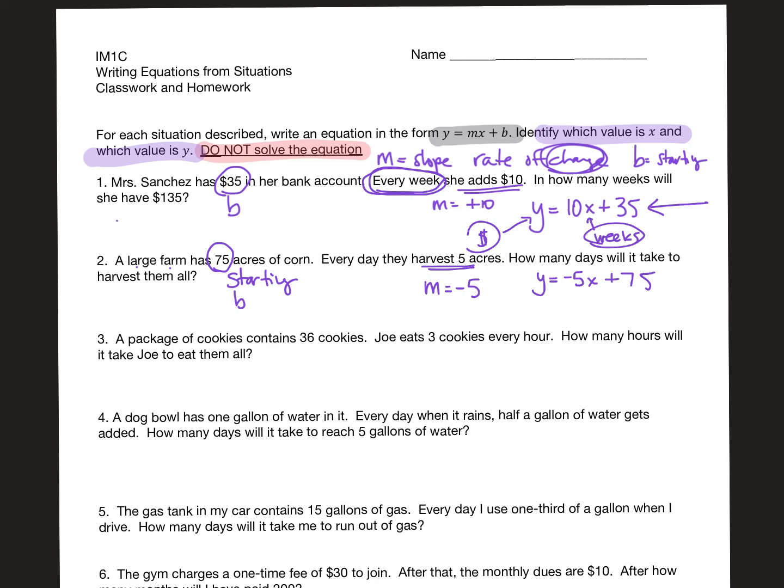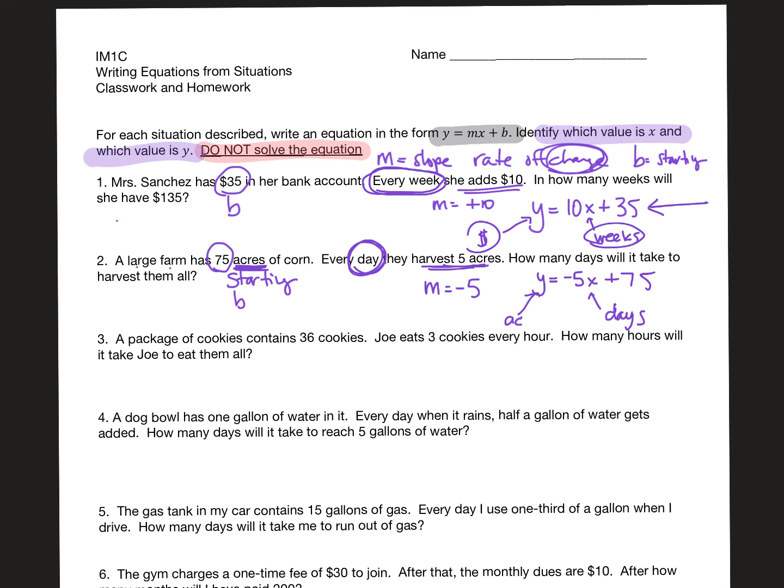Okay, now I just have to figure out what the x and the y represent. And again, the words will help. Since it says every day they harvest 5 acres, that x represents days. Okay. And then actually the words up here will help also. Since it says they start off with 75 acres, that's what y is.